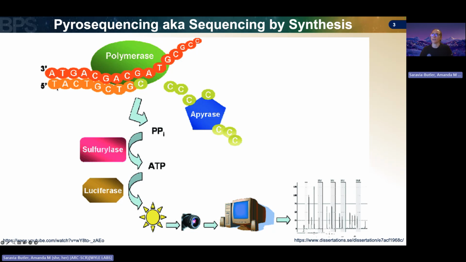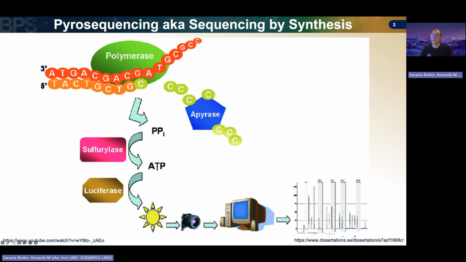Once we have our sequencing primer hybridized, polymerase is recruited, and it is able to incorporate the cytosine here because the first base that we're sequencing in our unknown sequence happens to be a G. And so that C is incorporated, which releases pyrophosphate here. Pyrophosphate is then converted by the enzyme sulfurylase to generate ATP, known as our energy molecule.